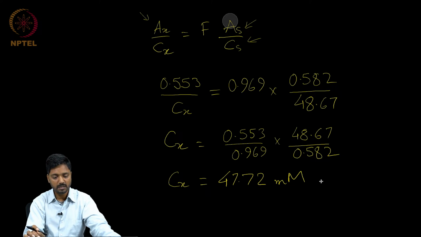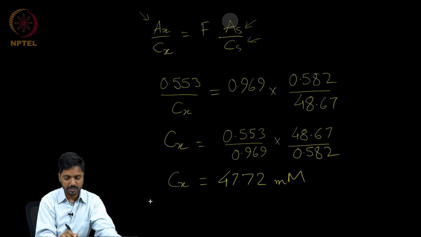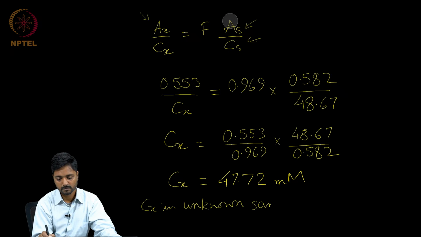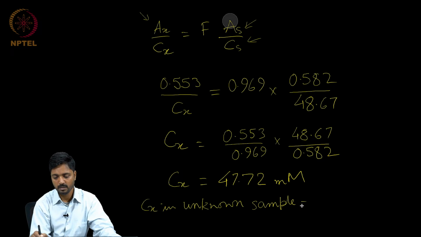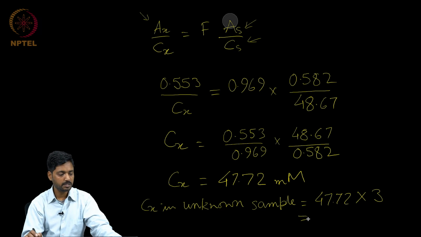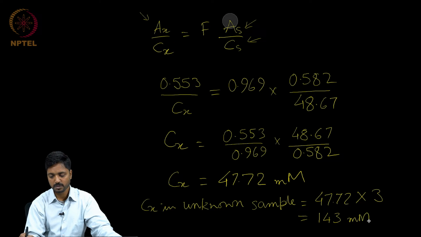Now this is the concentration of the sample which was diluted 3 times, that is from 10 ml to 30 ml. So the actual concentration in the unknown sample is equal to 47.72 into 3 is equal to 143 millimoles.